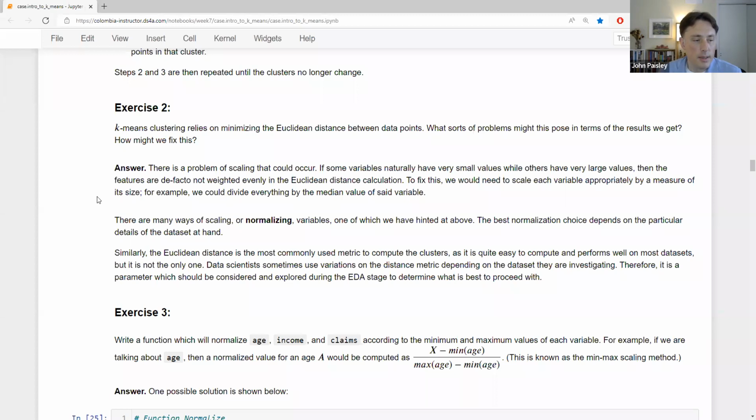So the criteria to pick the distance, usually it's by problem. So you usually kind of know it. If you have a bunch of real valued numbers, then usually you'll use Euclidean distance.